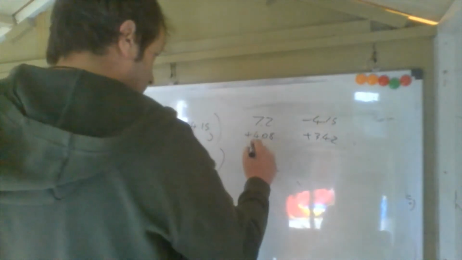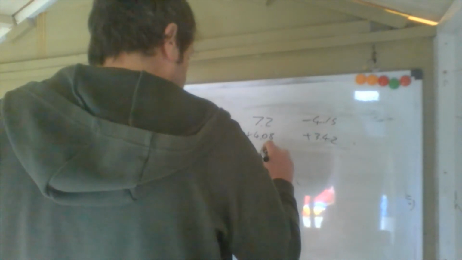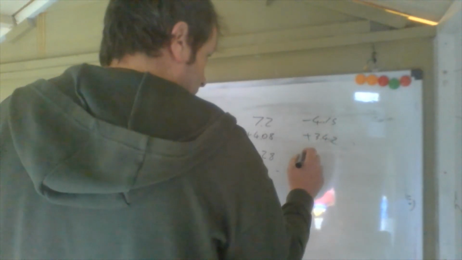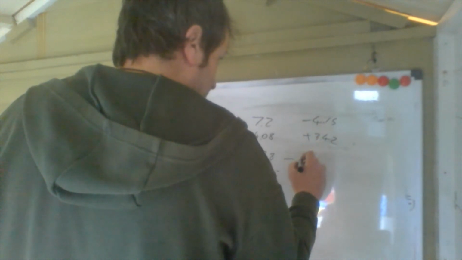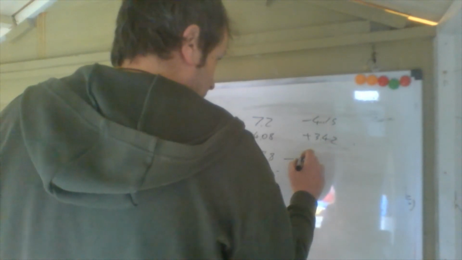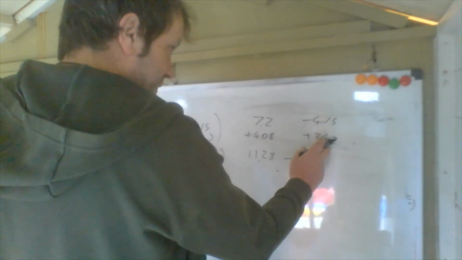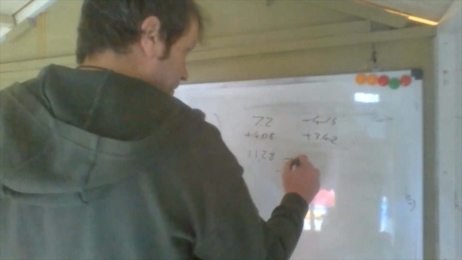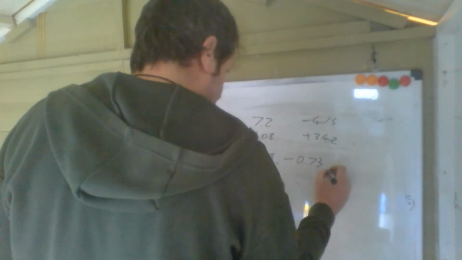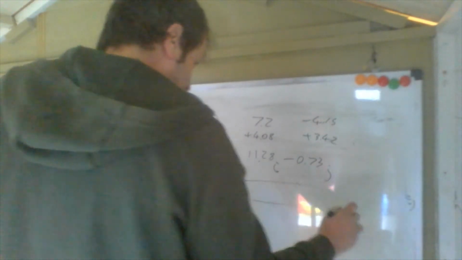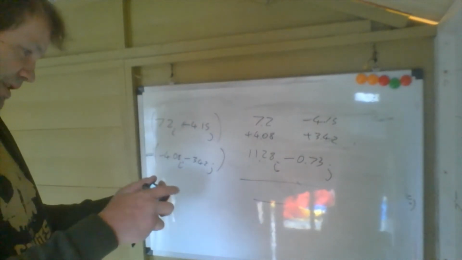So that's going to be 11.28 minus 0.73 I and J. I think that's right, I'll just make sure, don't want to make any mistakes.